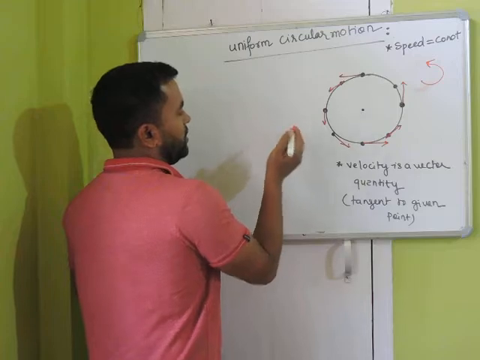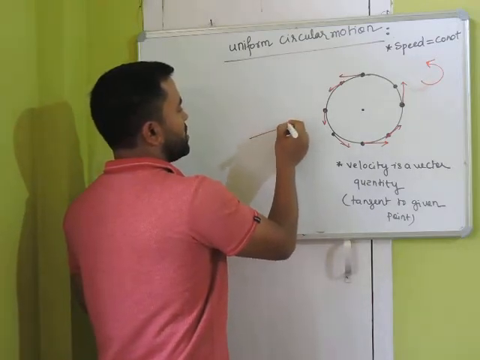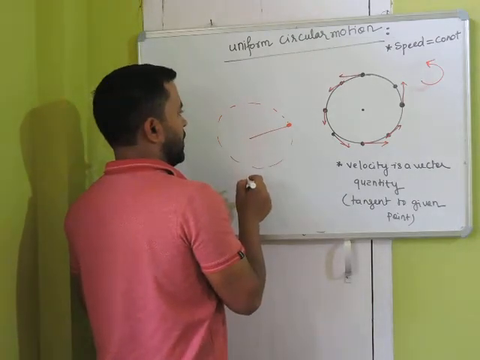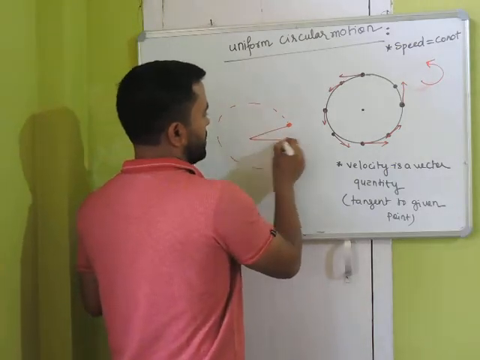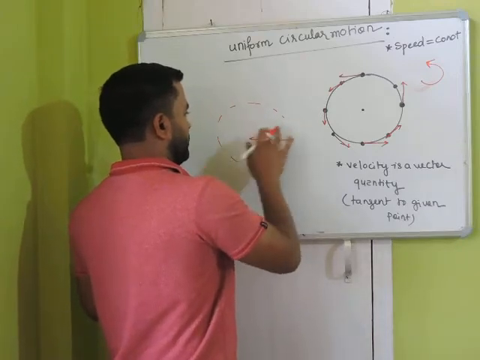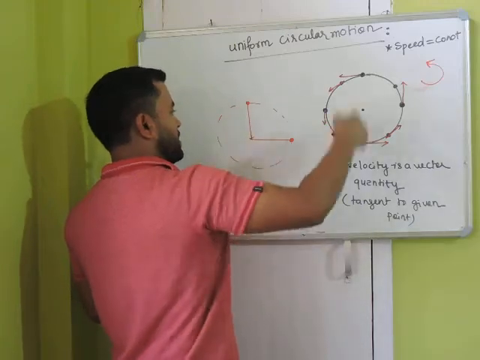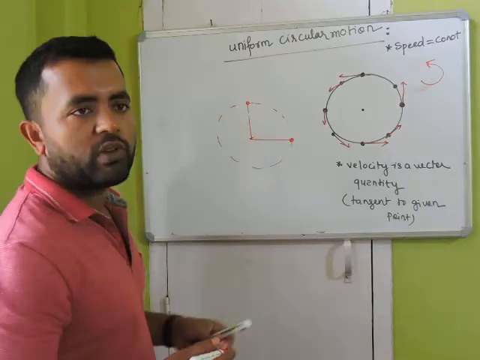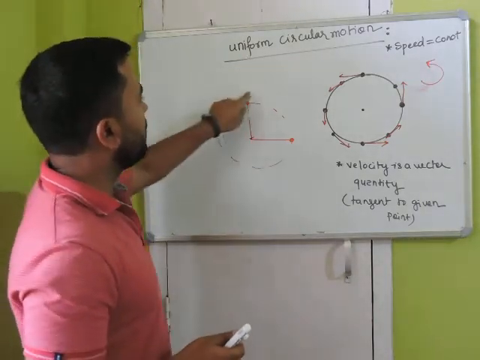Now this is a very famous question. Suppose there is a string and a stone, and it is going in a circle. Suppose at any point the string breaks. In which direction will the stone fly? Whether it will fly like this or like this.